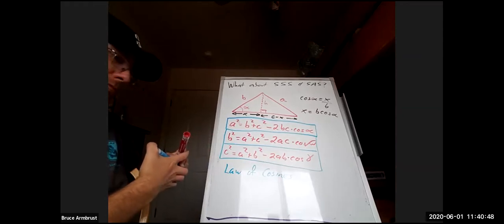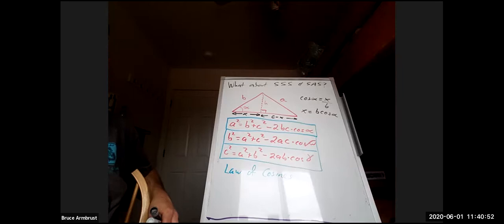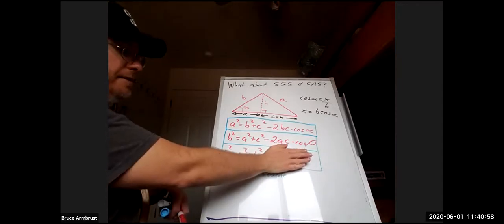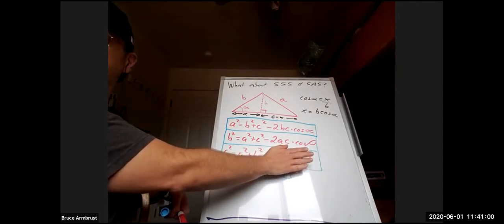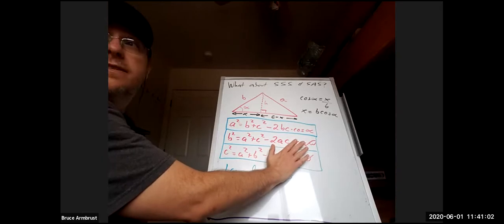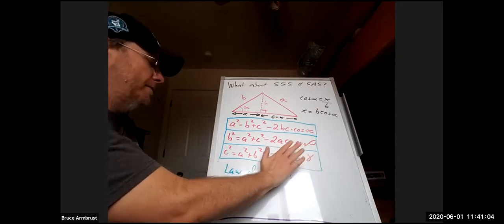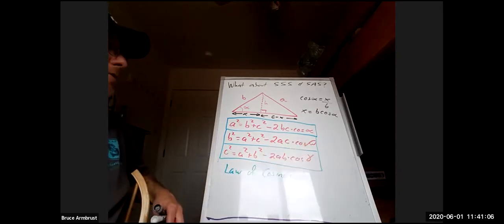Fun fact, you look at this bottom one, it looks a lot like the Pythagorean theorem, right? Or at least it starts out that way. If I could just cover up this piece, you can see the Pythagorean theorem, right? We've got c squared equals a squared plus b squared. Well, the Pythagorean theorem is a specific case of the law of cosines.